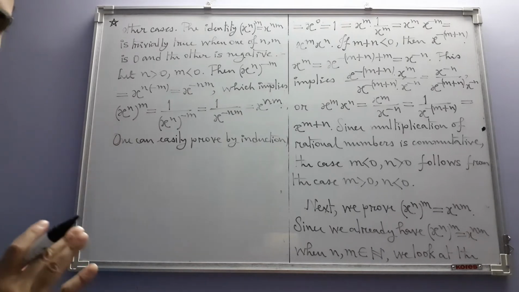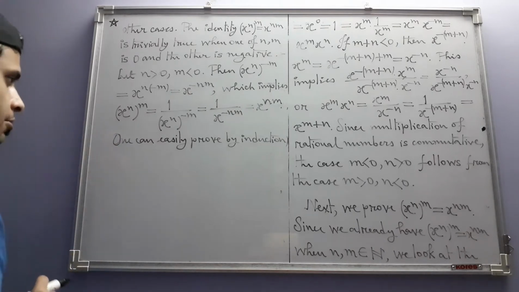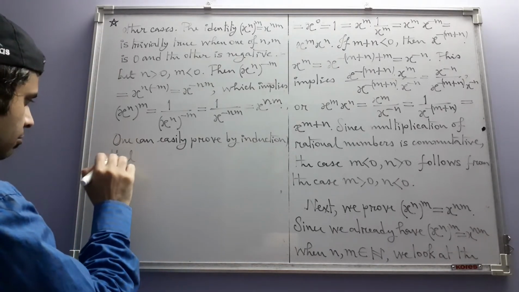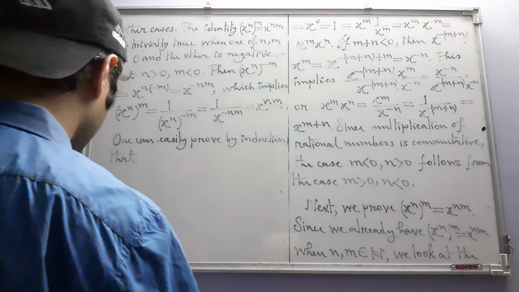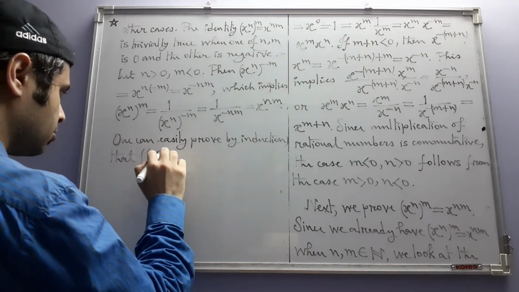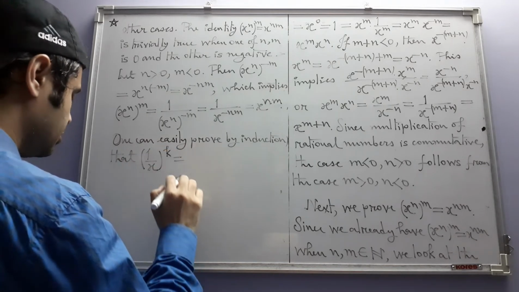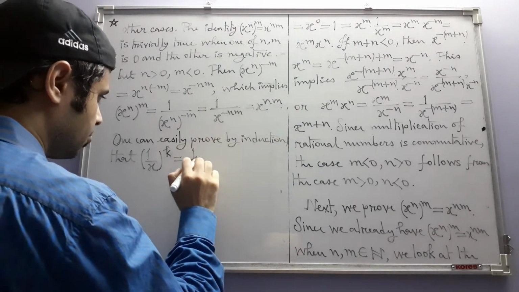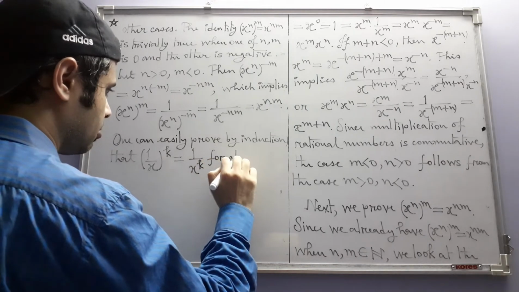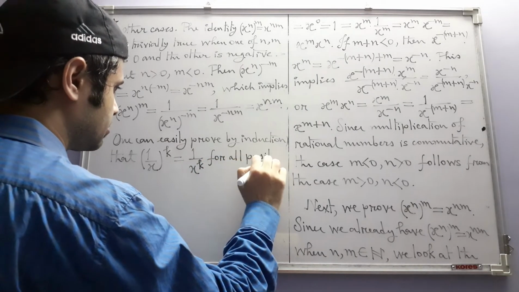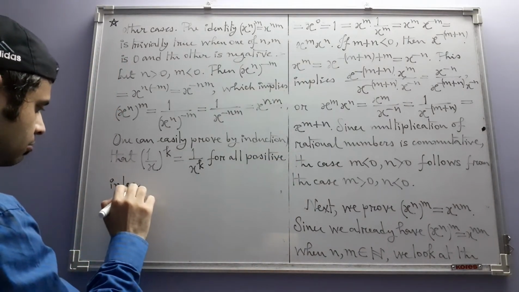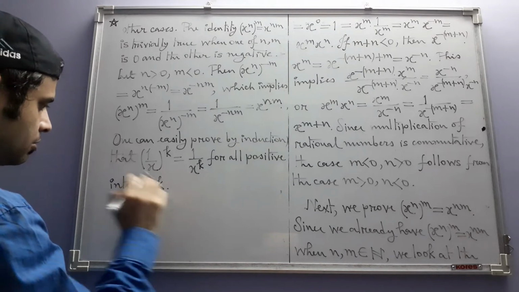One can easily prove by induction that 1 by x whole to the power k is equal to 1 by x to the power k for all positive integers k.